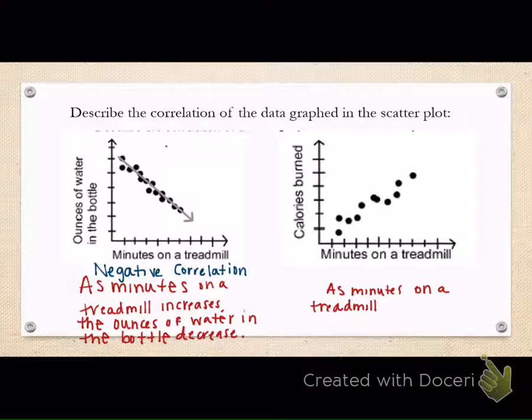So your calories are going down? They're increasing, good. As minutes on a treadmill increase, calories burned increases. It's going upward. So Jacqueline, negative or positive correlation? This is a positive correlation.